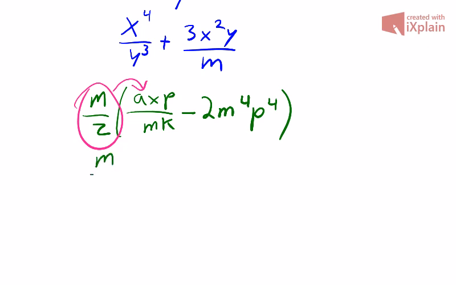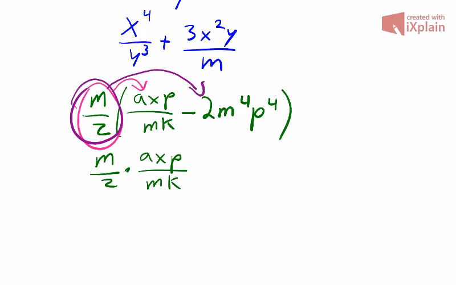That gives us m over z times axp over mk. That's a mouthful. And then we're going to do it again, and we're going to take this term right here and distribute it over to our second term. So what that is going to give us is m over z times 2 m to the fourth p to the fourth, and we have a negative sign here.